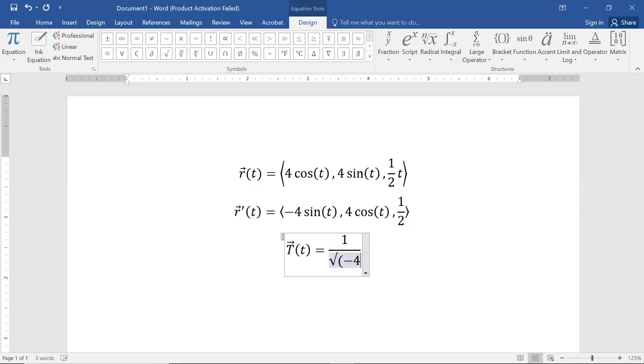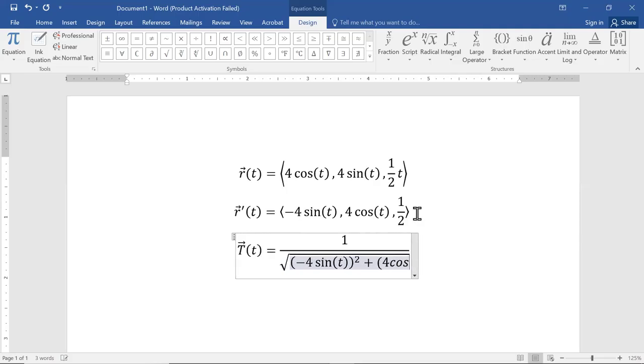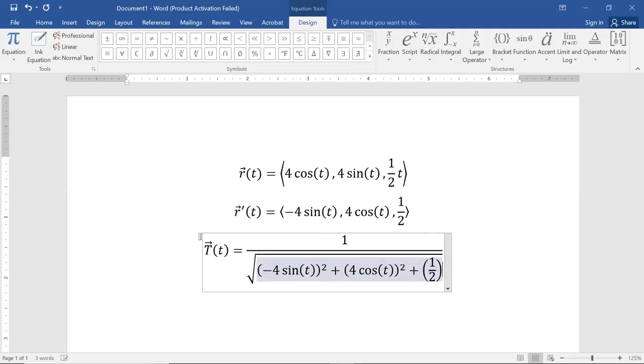So magnitude is going to be square root of -4 sine of t squared plus 4 cosine of t squared plus 1/2 squared.